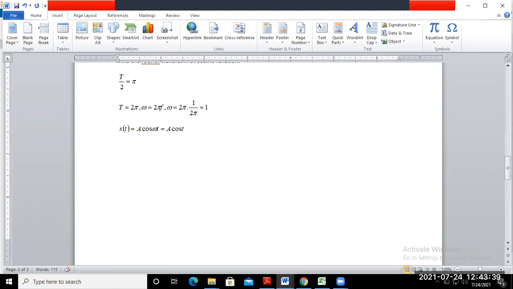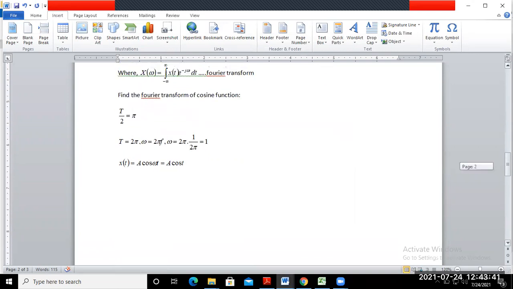So the Fourier transform of this time domain x(t) equal to A cos t can be represented by X(omega). That means from this formula we already discussed here, X(omega) equals the integral from minus infinity to infinity of x(t) e to the power minus j omega t dt.